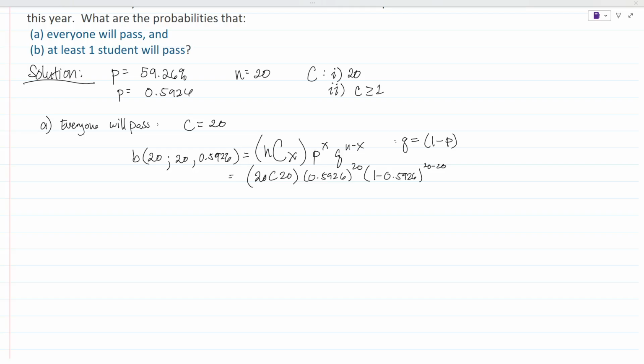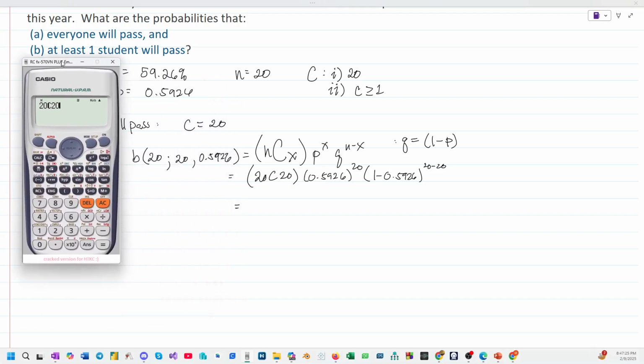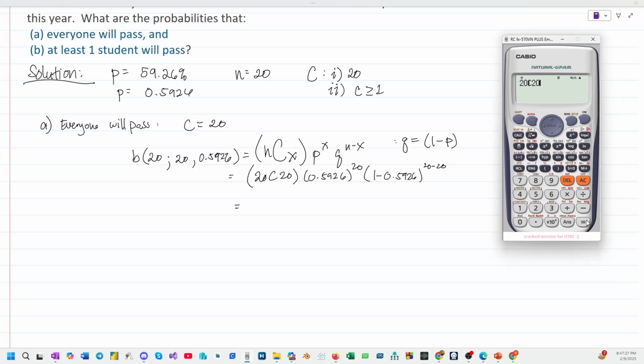Pero dito muna tayo. So, 20 combination of 20. Ano tayong calculator? I think this is just 1 naman siya. Combination of 20. Tandaan nyo ha, when in doubt, use a calculator. So, you have 1 times 0.5926 raised to 20.